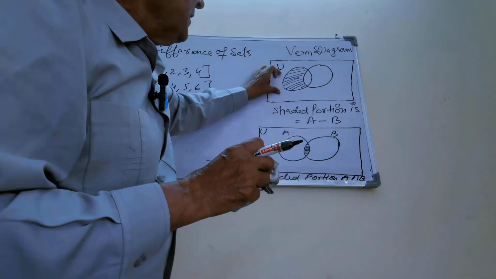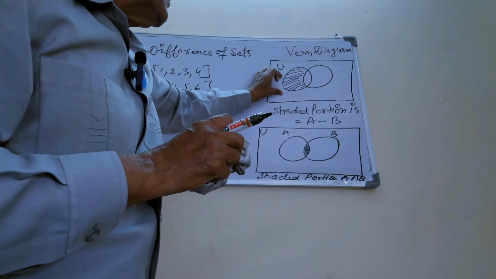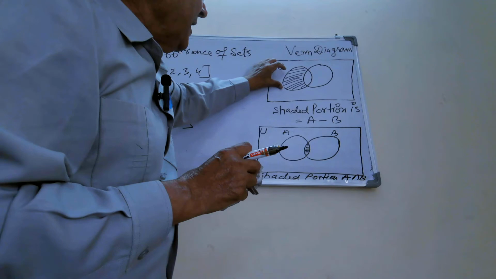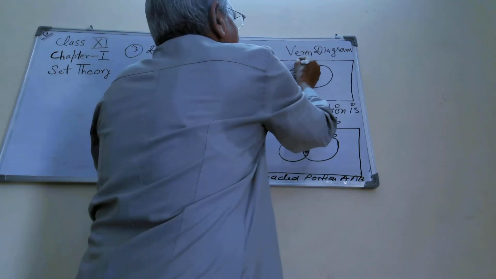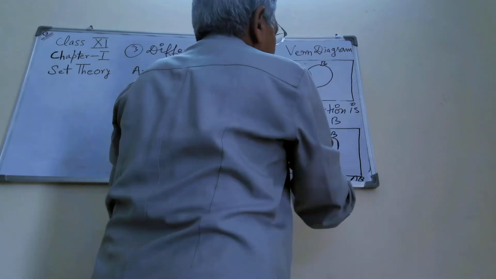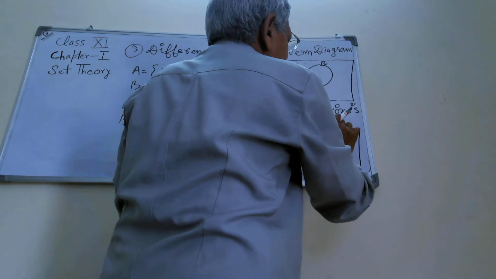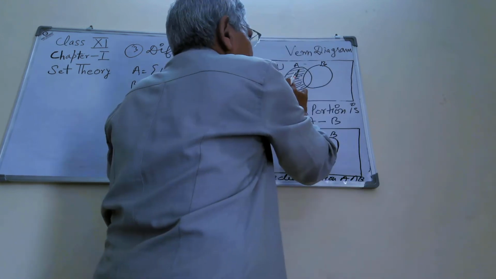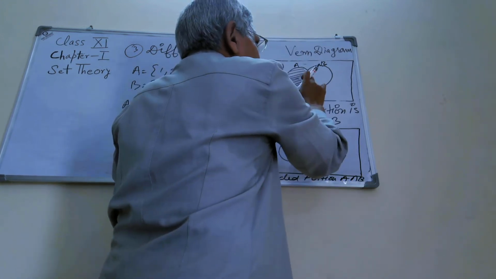We have taken only the elements of A minus B. In A minus B, elements of A without common elements.